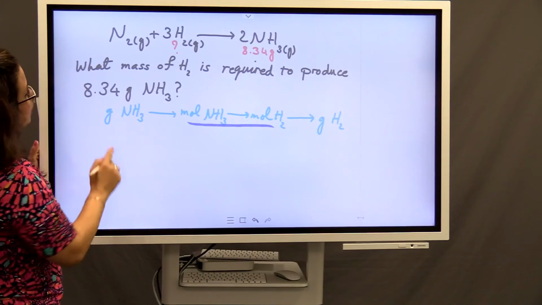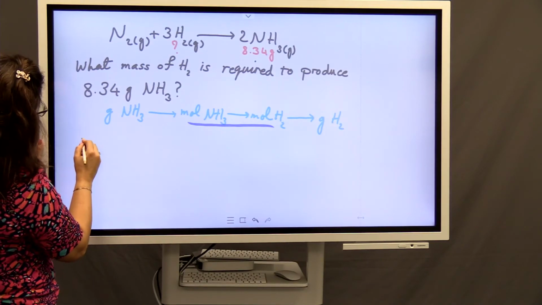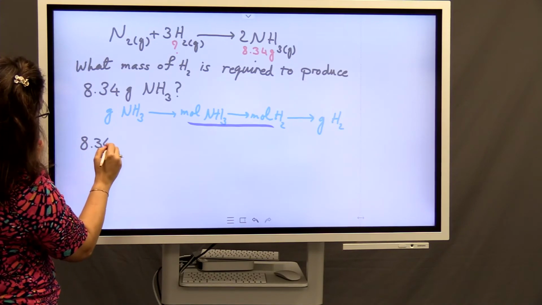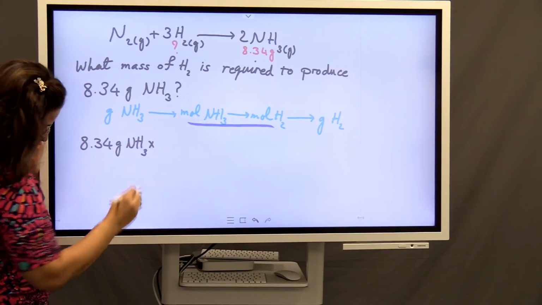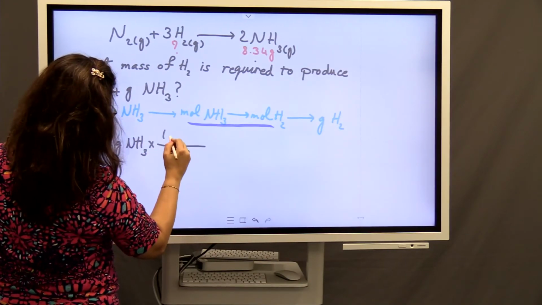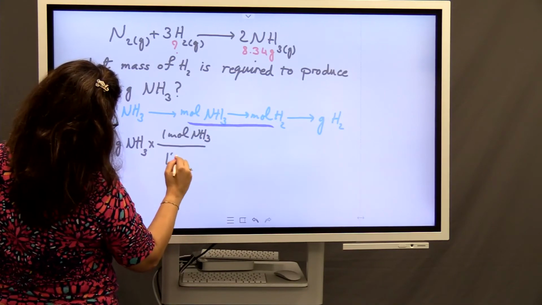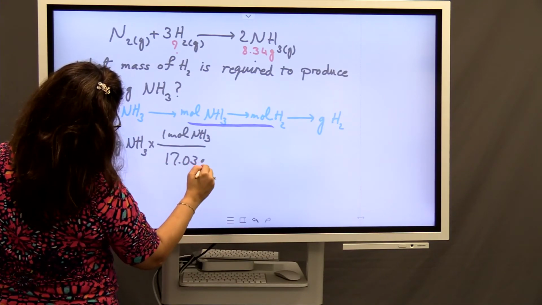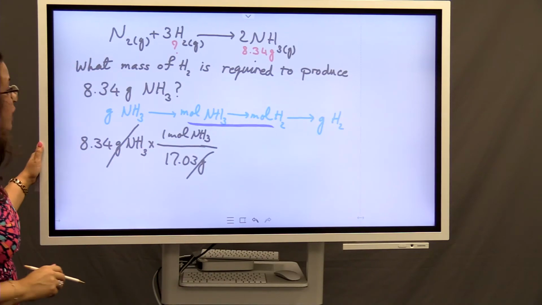Start with the given value. What is the mass of NH3? 8.34 grams. Find the molar mass of NH3. You already did in the previous example, which is 17.03 grams. So cancel mass of NH3.